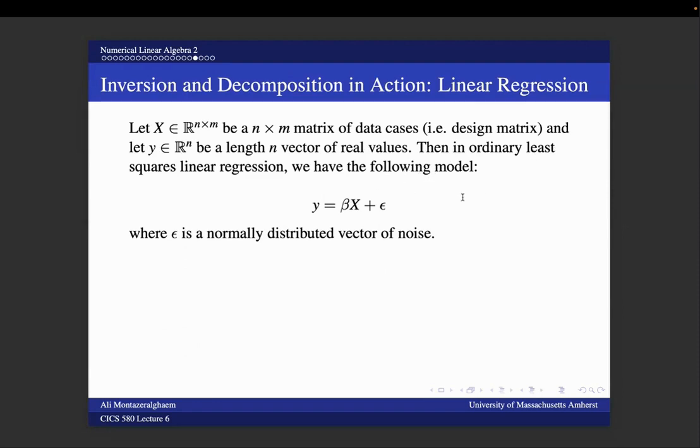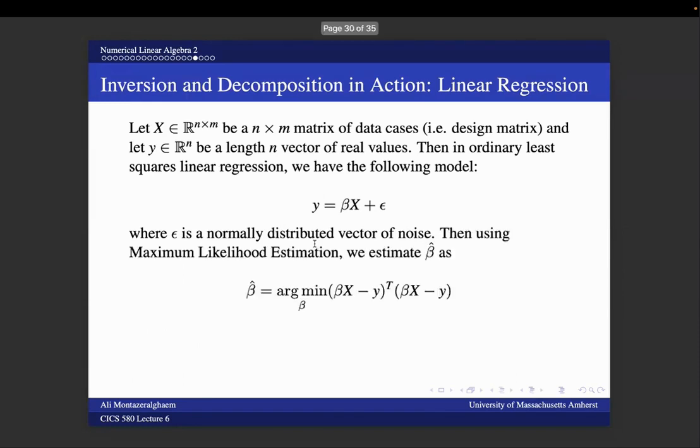The linear regression model that we can have here is y equals x times beta plus epsilon, where epsilon is a vector of noise. We need to compute beta here, because if we have beta, we can multiply x by beta to find the value of y. So this is linear regression, and the solution for this can be computed by maximum likelihood estimation.